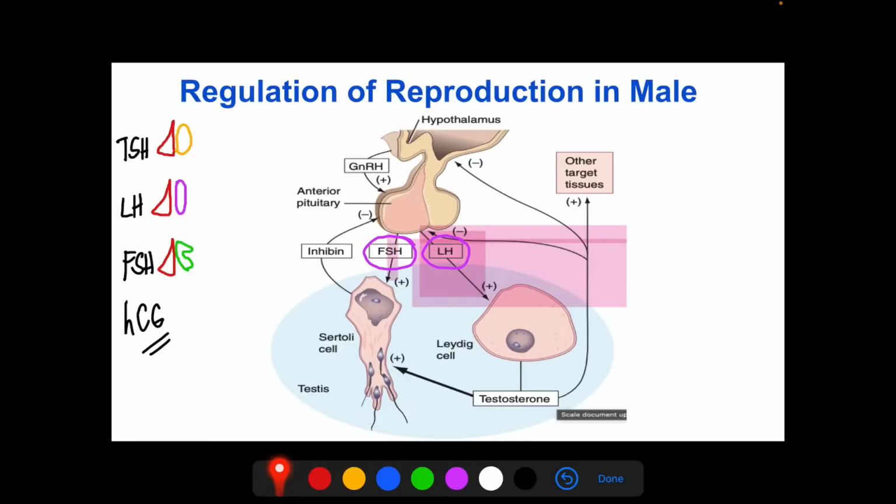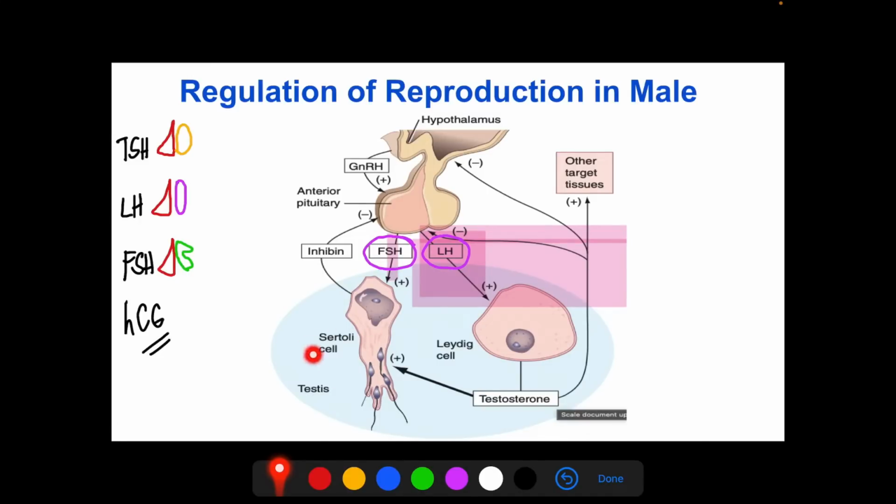Specifically, this FSH will induce the Sertoli cells to synthesize and secrete androgen binding protein in the lumen of the seminiferous tubules. Once the FSH stimulates the Sertoli cells to synthesize this androgen binding protein, that will maintain the high testosterone concentration, and that is required, of course, for normal spermatogenesis. So that's the function of your FSH.